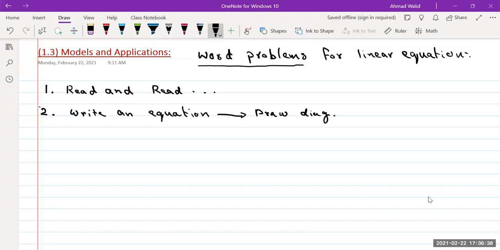Draw the shape, because when we discuss the geometric part here, if it's possible, it's better even to draw the shape, correct? Step three, solve. Solve your equation that you created. And step four, translate back to word. Translate back to what? To word.